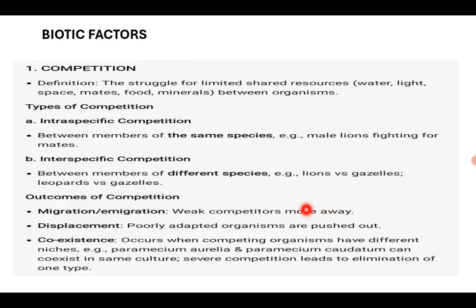They will choose to leave the ecosystem to where they will feel safe. So some organisms will emigrate, meaning they'll move away. It can also lead to displacement, whereby poorly adapted organisms are pushed out of the ecosystem. This is more or less like emigration.